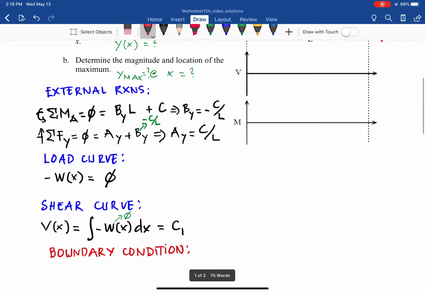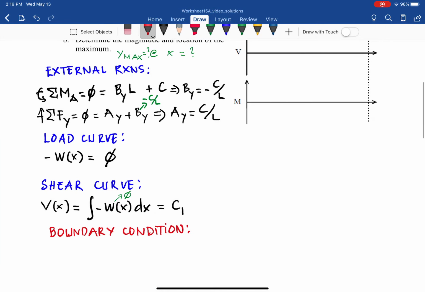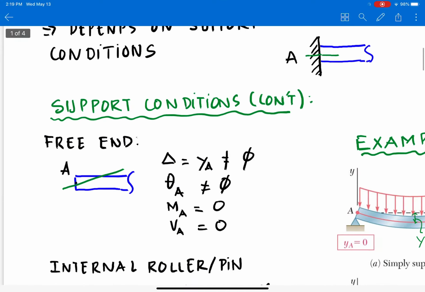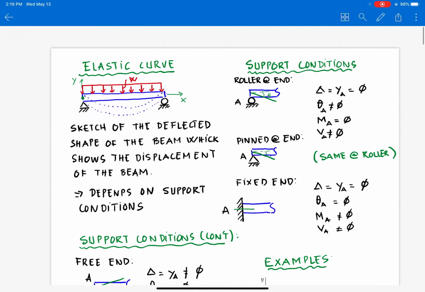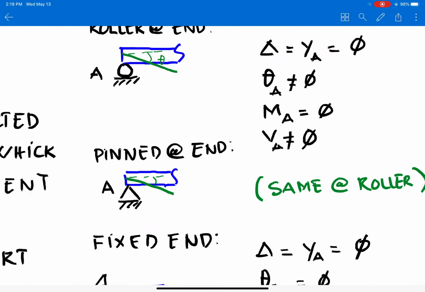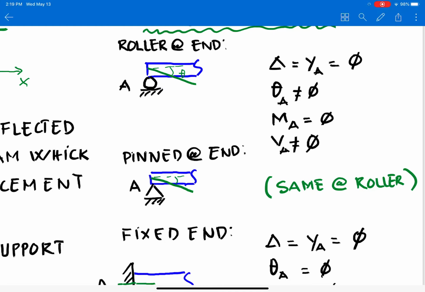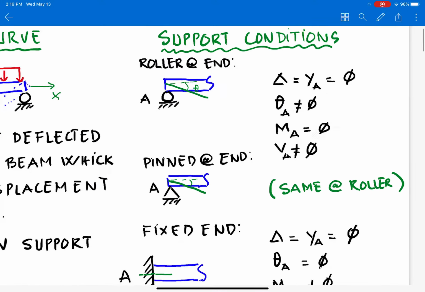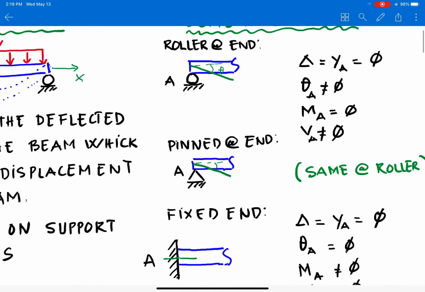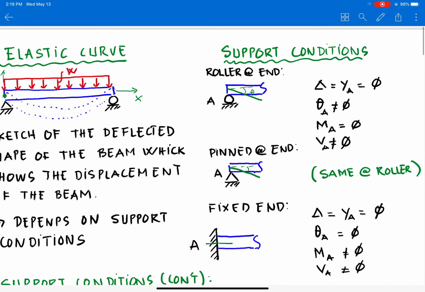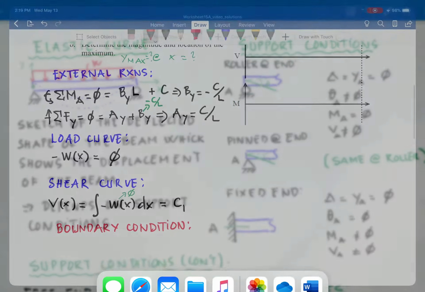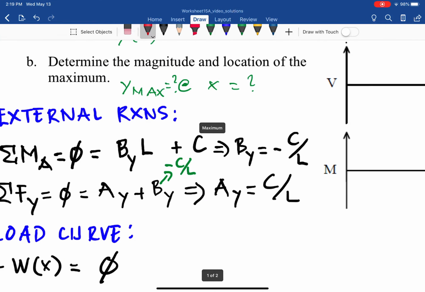Going back to the lesson on support end conditions, for example a pin at the end, the shear is non-zero, and we already know the vertical reaction at A. Because we deal with the shear, the shear is non-zero, and we already found that the vertical reaction VA is non-zero and equal to C over L from our equilibrium equation.